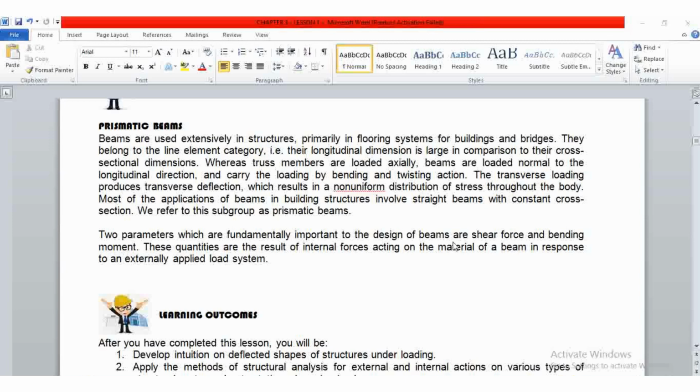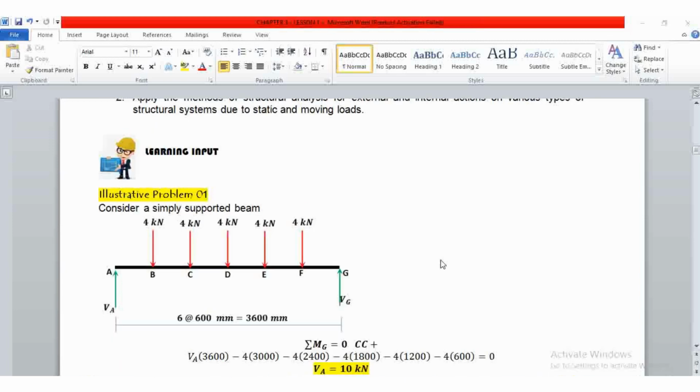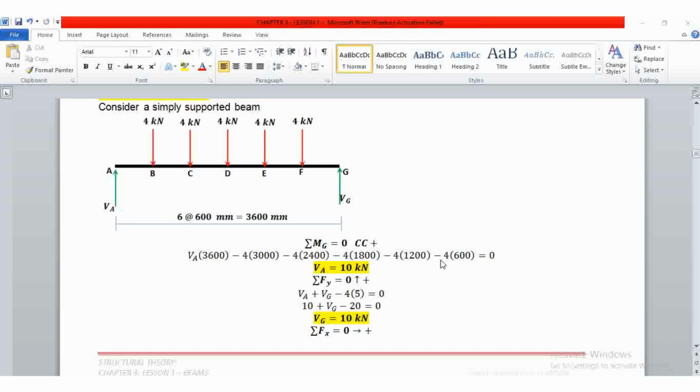So, ano ba yung shear force? Ano ang bending moment? Let's have this example. For this example, di ba, dito sa may point A, andito yung isang support, tsaka yung point G, nandyan yung isang support. So, if I take summation of moments at G, ma-eliminate si VG, I can solve for VA.